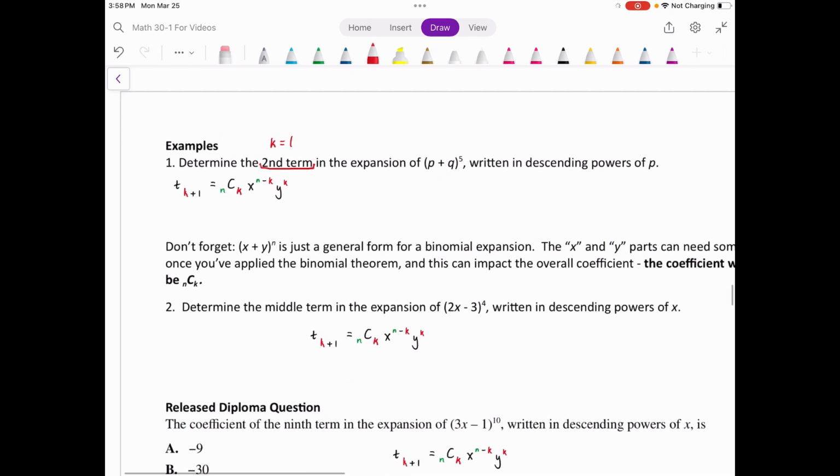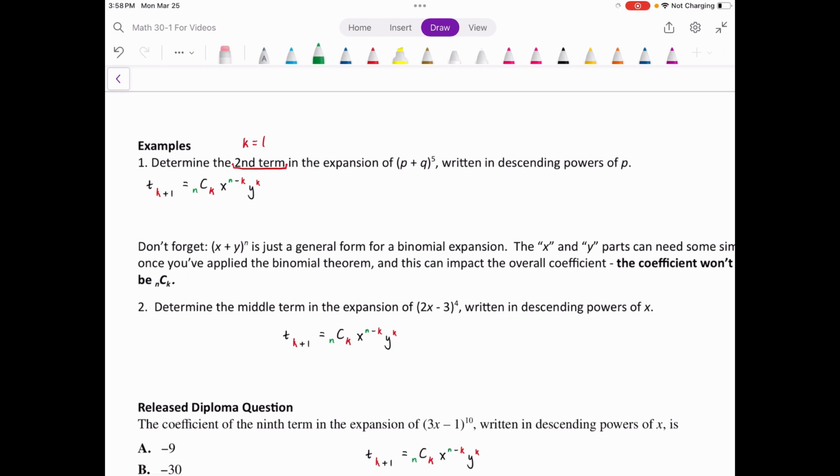So what did we learn about this equation? We just learned that our n is 5. We also now know that our x, the first term in our binomial, is p, and our y, the second term in our binomial, is q.